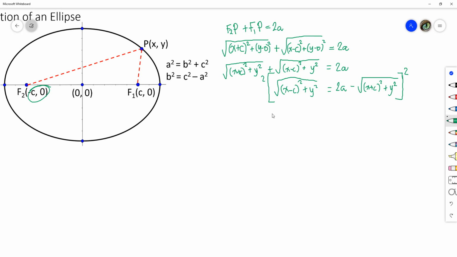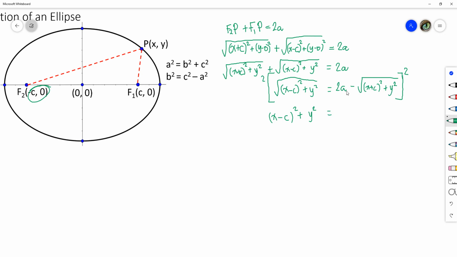In other words, we could have here the squared quantity of x minus c plus y squared. On the left side, we are going to square these polynomials.